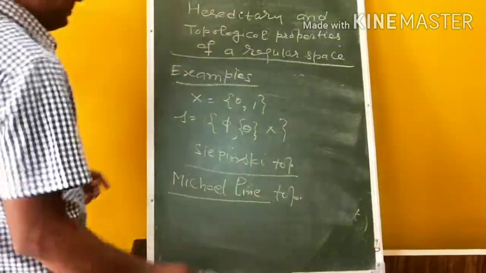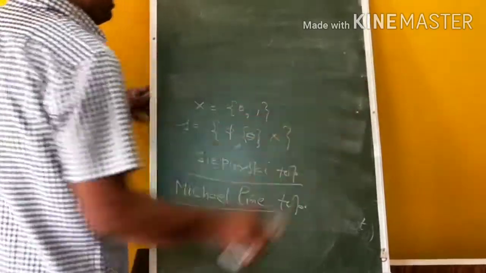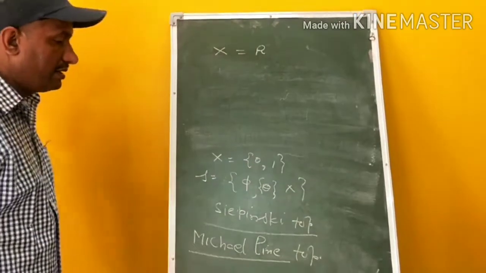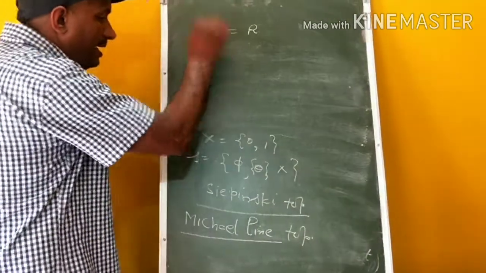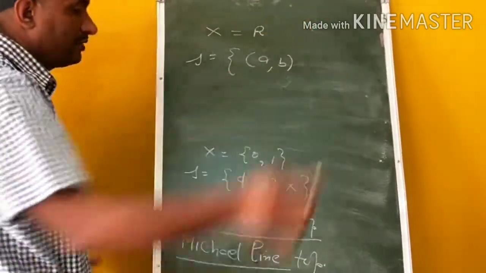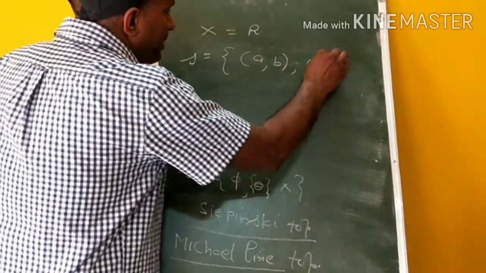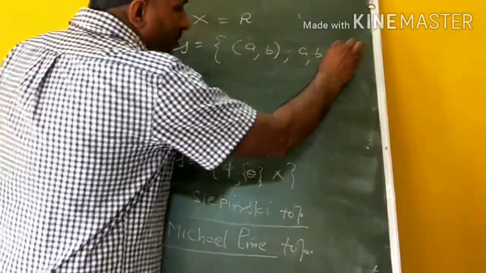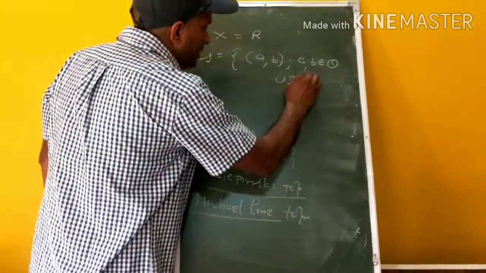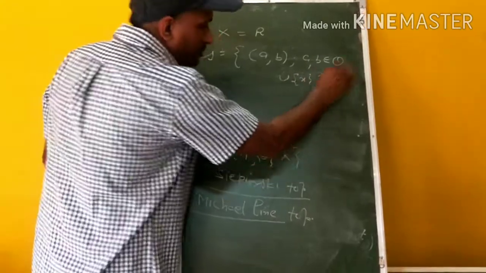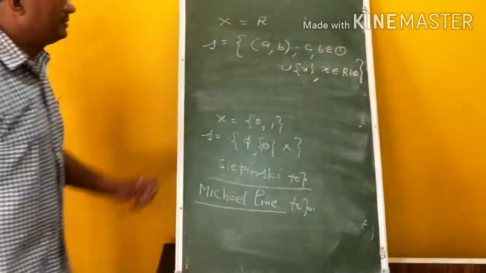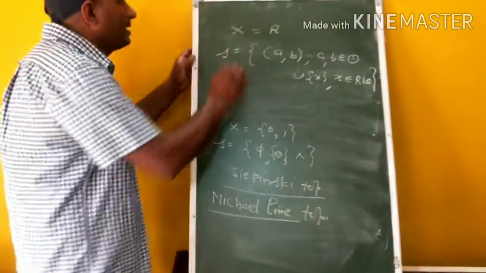In Michael line, let X be the set of real line, and the topology T here is of the type: open sets are open intervals (a, b) where a and b are rationals, union with singletons {x}, where x belongs to R minus Q. This type of topology is called Michael line.